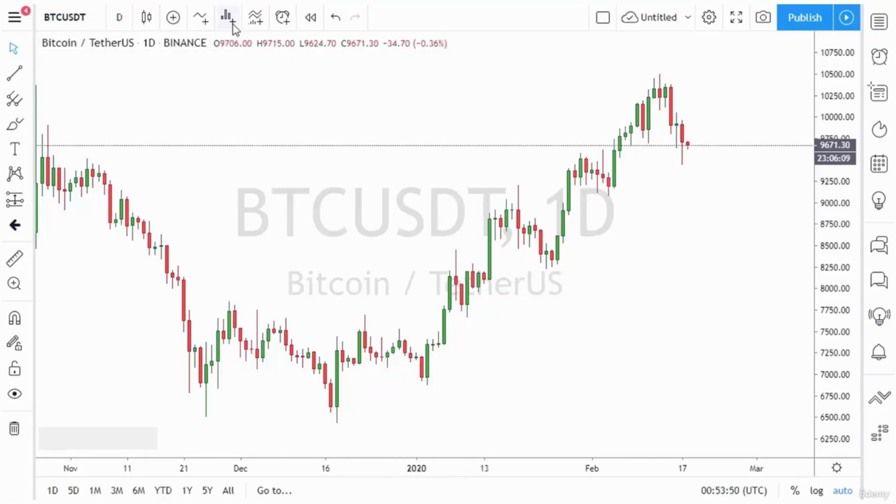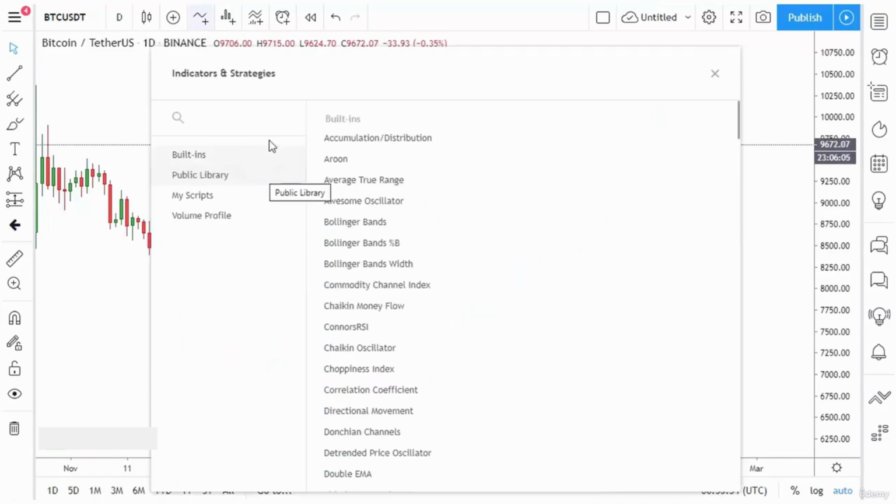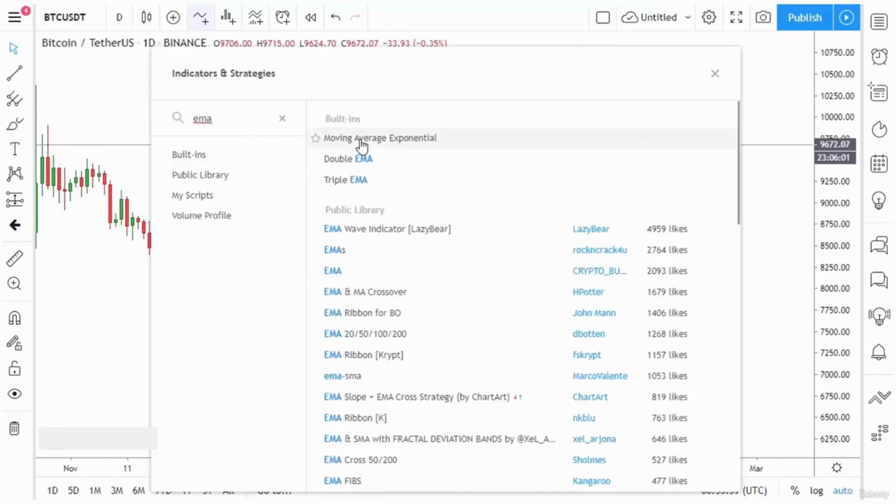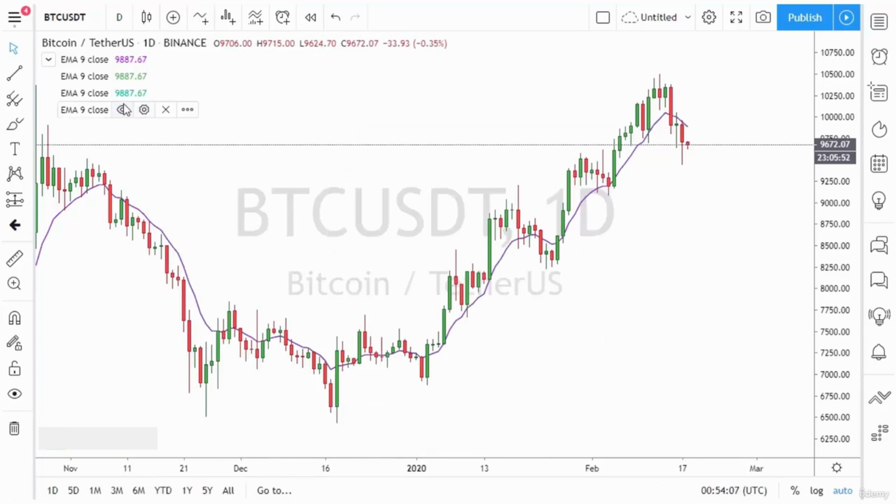So in order to do this, you need to click on indicators and strategies. And you can type in EMA, which is moving average exponential. I'm going to put 4 on the chart for the purposes of this video. I'm going to go ahead and click these eyeballs.